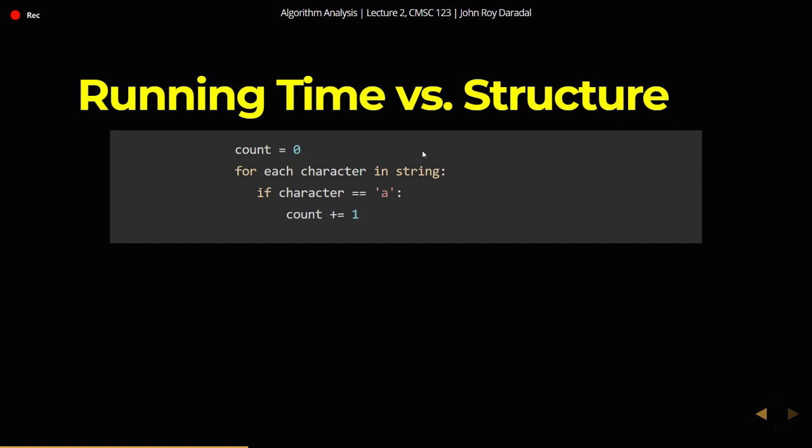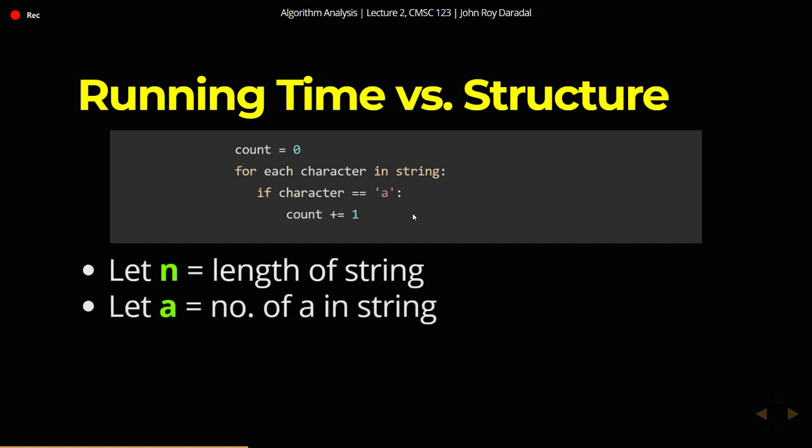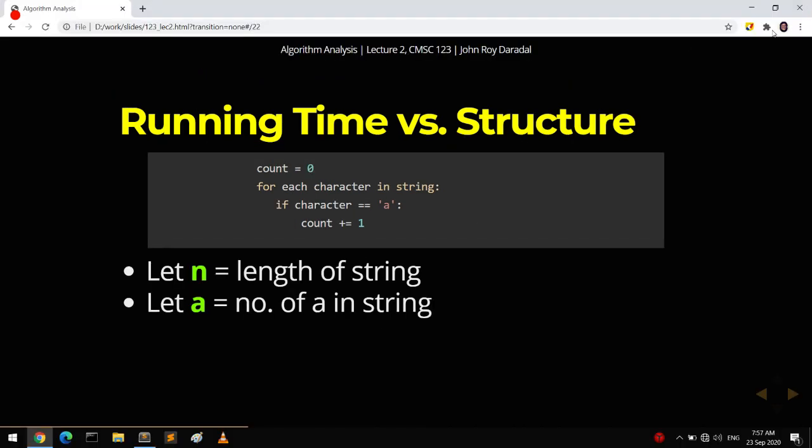We initialize count equal to 0, and for each character in the string, if character is equal to A, then we increment the count by 1. Let n be the length of the string, and let A be the number of A's in the actual string. So how many time steps will this code have?